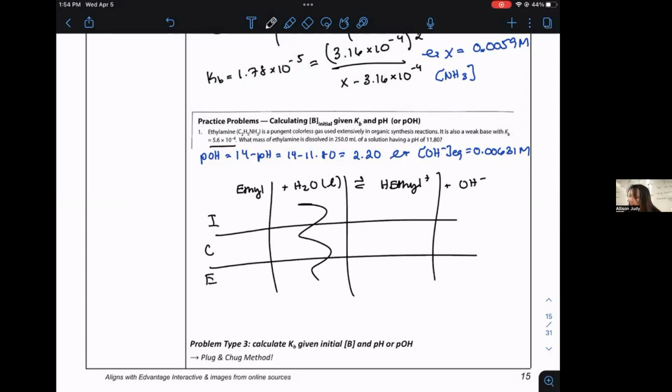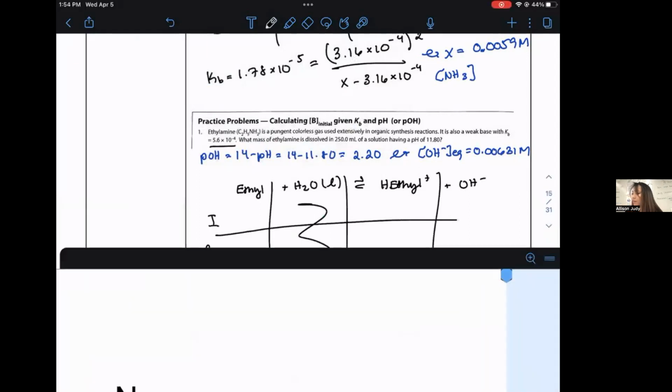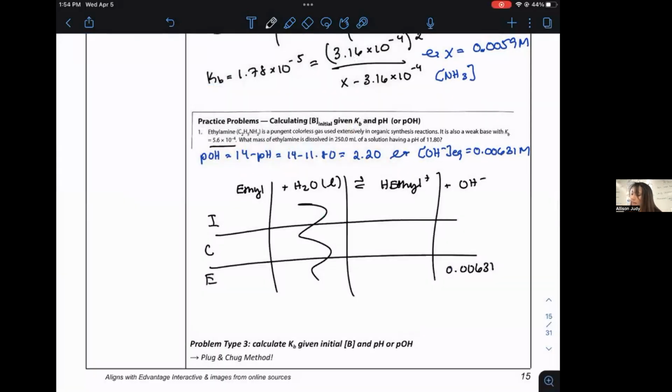We are told that at equilibrium, we have 0.00631. That's what we found out. Which means we have a change of 0.00631, which, assuming that I started off with no ions and just initial molarity of some value X, we can figure out the change stoichiometrically.